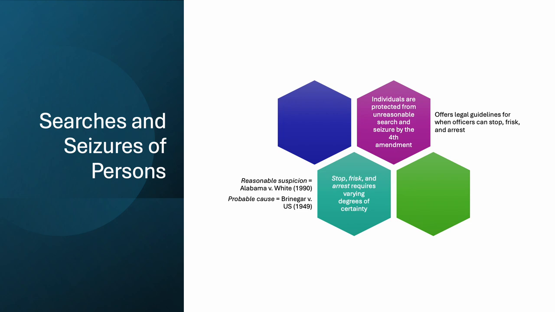And in that case, an anonymous caller called Montgomery, Alabama, police, and they said, hey, there's an individual, this woman by the name of Vanessa Rose White, and she had cocaine in her attaché case in her car, and the caller gave certain information in detail. So the police, following that tip, followed Rose White, and they saw her go into an apartment complex, and they pulled her over, and they asked White, hey, can you give us officers permission to search the car and the case?